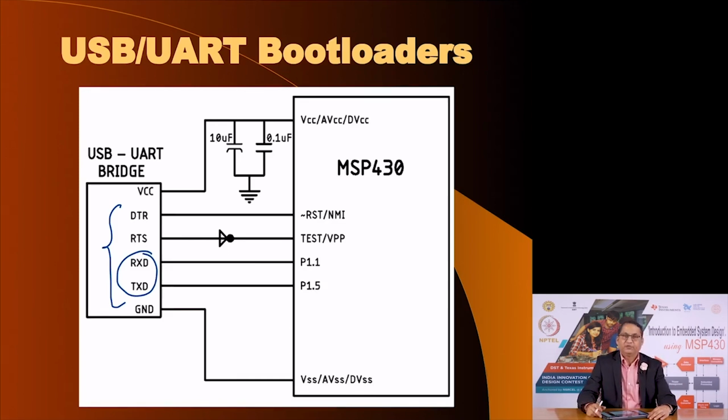For the purpose of bootloader programming, you do not connect to them; you connect instead to these two pins. Apart from that, you also connect to the test and reset, which the bridge invokes and asserts before proceeding with downloading the code through these two wires. And of course, you have to connect to the ground and power the MSP430 microcontroller.